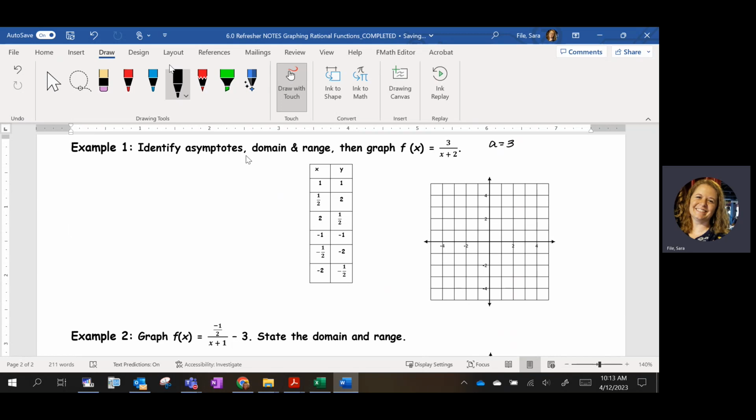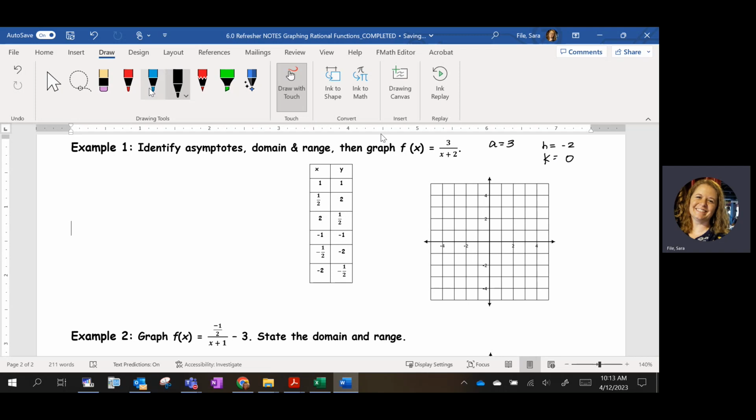That does not affect our domain and range. What's going to affect the domain and range are the h and the k. So h is what's being subtracted from x in the denominator here. So if it's plus 2, that means h must be negative 2, because it would have to be minus negative 2 to become plus 2. Is there anything added to the end of this fraction on the outside? So k would be an understood 0.